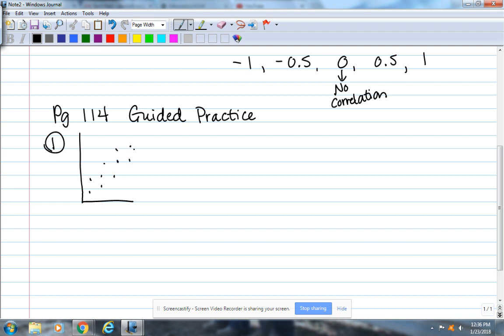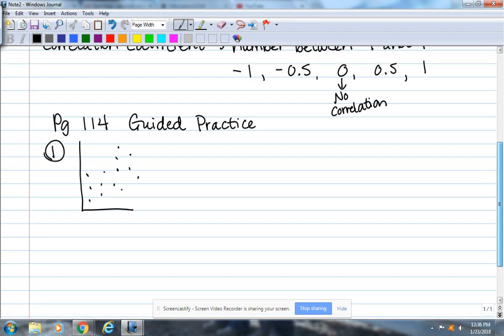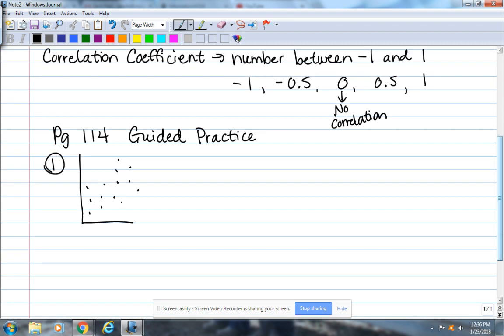So if the data is going upward, then it would have a positive correlation. So that means we would look at the right side. But these data points are not very close to making a line. So we would say this is approximately closest to about +1/2 for the correlation coefficient for number 1 at the bottom of page 114.